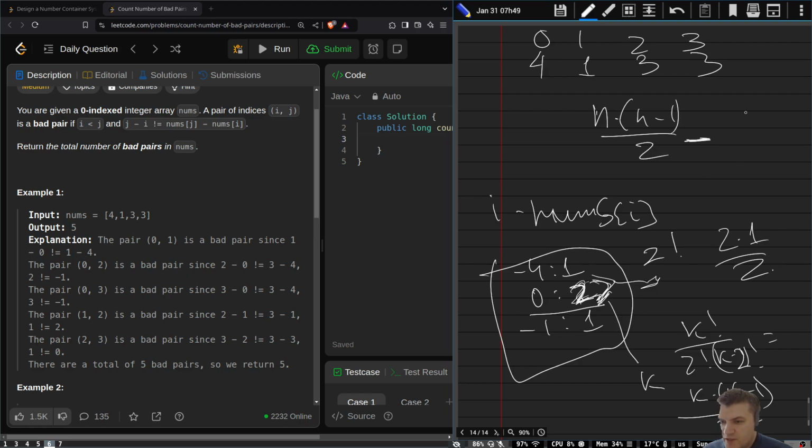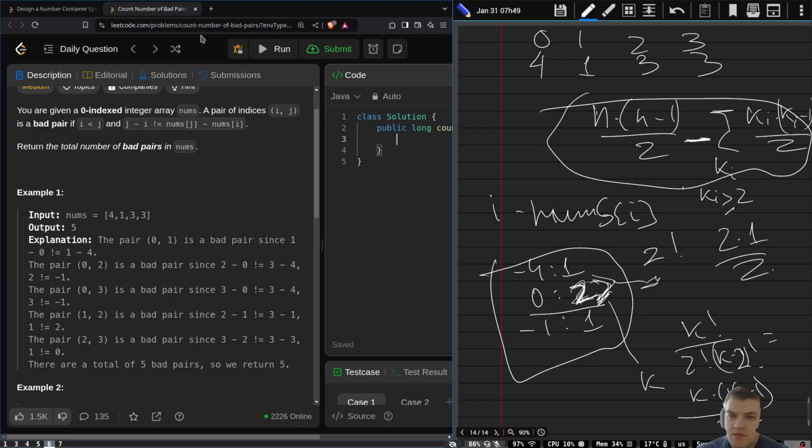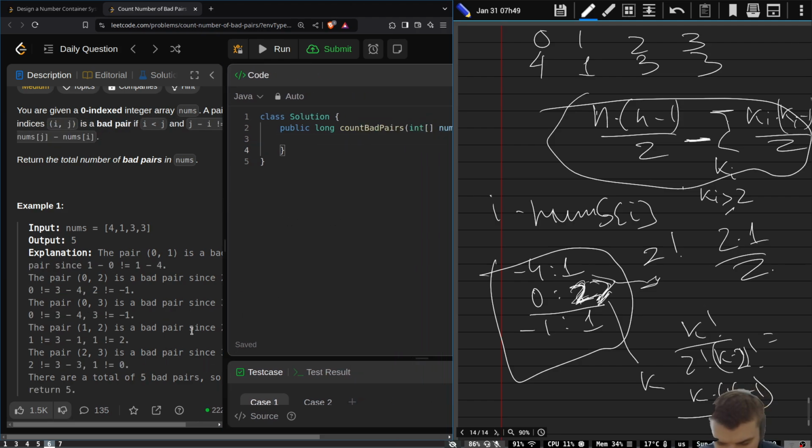So it's going to be n(n minus 1) over 2 minus the sum over ki, where ki is greater than or equal to 2, of ki multiplied by ki minus 1 over 2. That's going to be the final formula for this problem. Let me check the time. Time is almost 20 minutes.